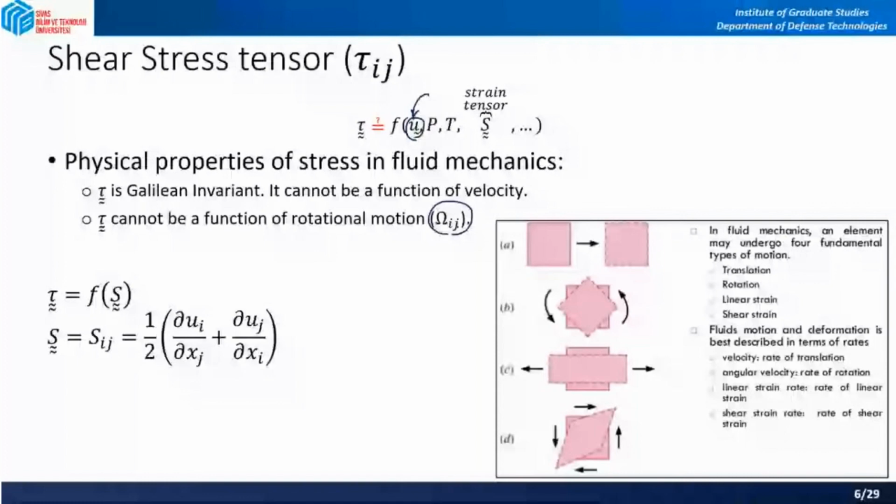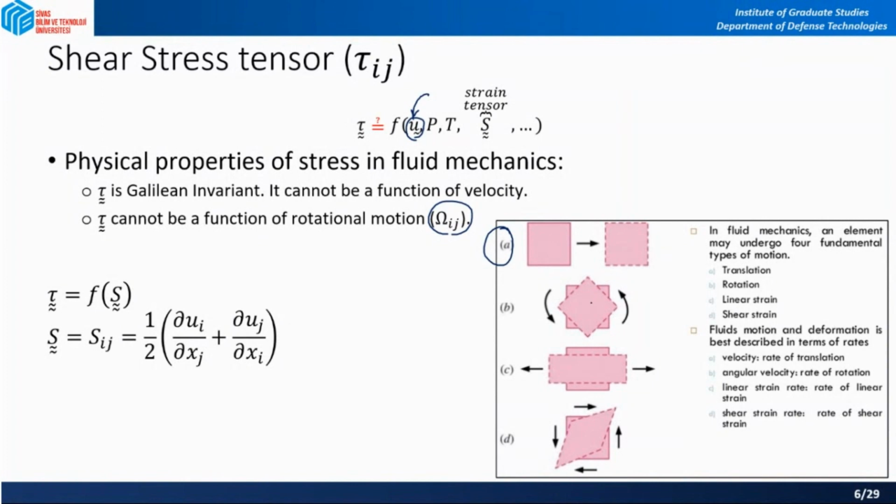Translation is also known as rectilinear motion. Again, your tau cannot be a function of rotational motion. So what is rotation? Rotation is like this. You have an element and you just rotate it. You do not deform it. Rotation does not involve any deformation.